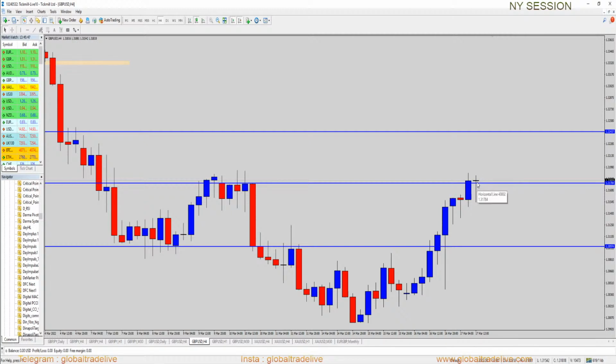Now the current 4-hour candle went down, rejected all the lower prices and flipped back up, right? Looking at this, I can say there might be some strong bullish momentum in GBP USD, which can literally take the price all the way up. According to me, that should happen.